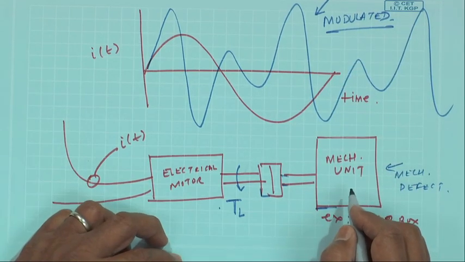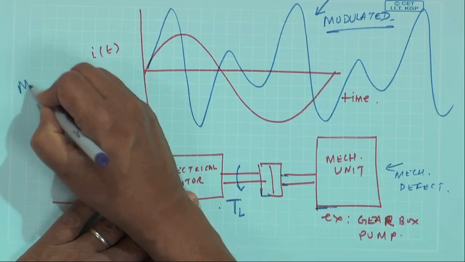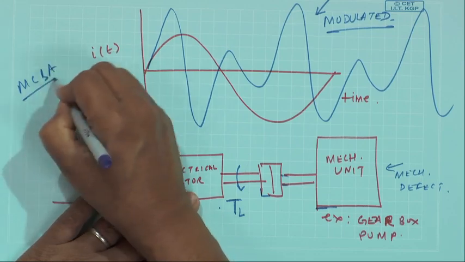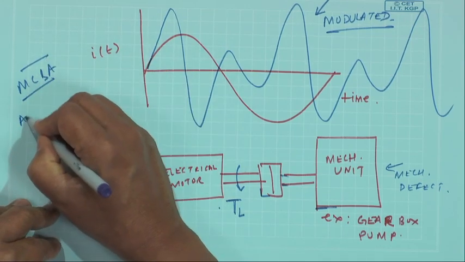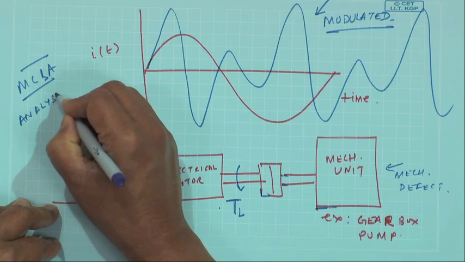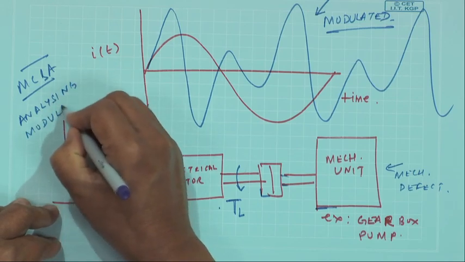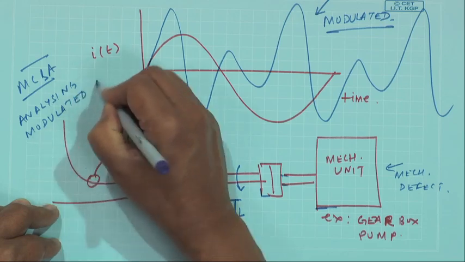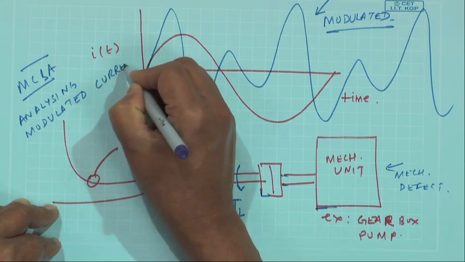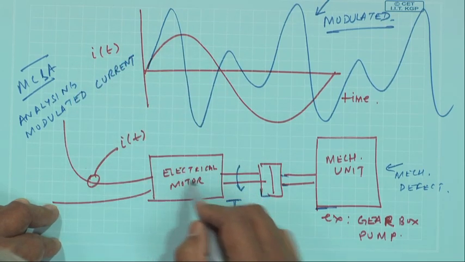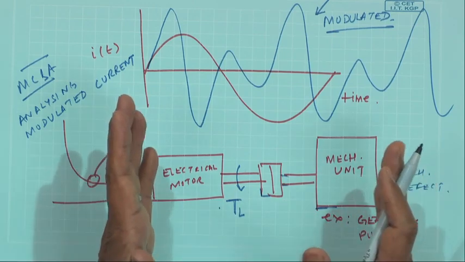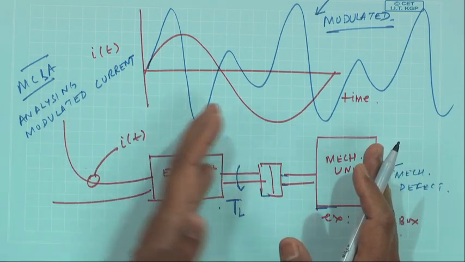So, the key to finding out fault in MCSA is actually analyzing the modulated current drawn by the motor.